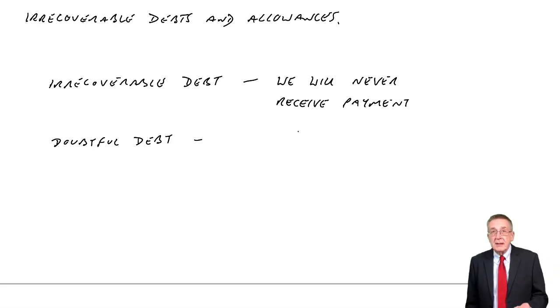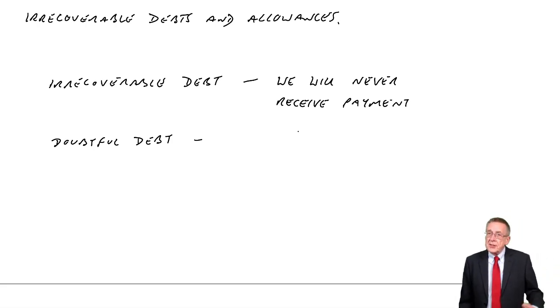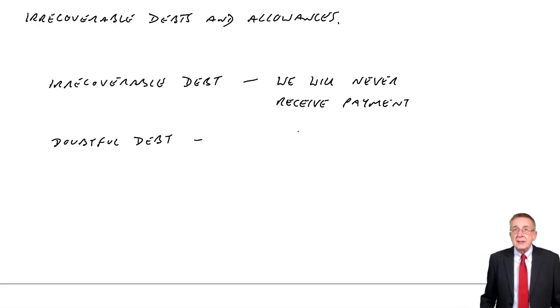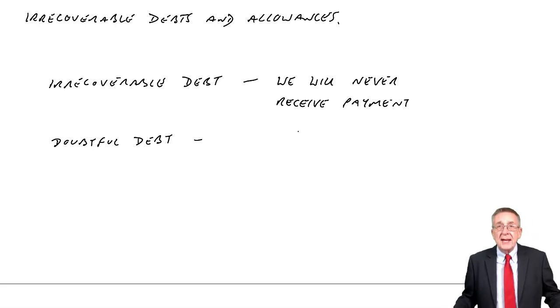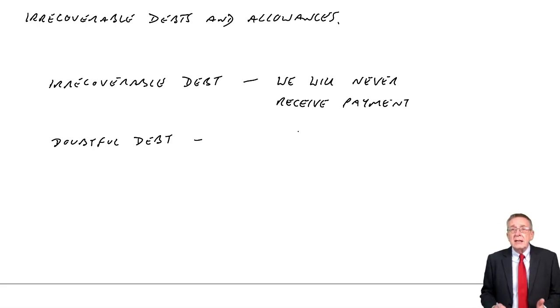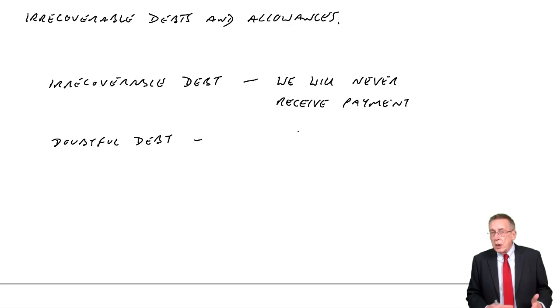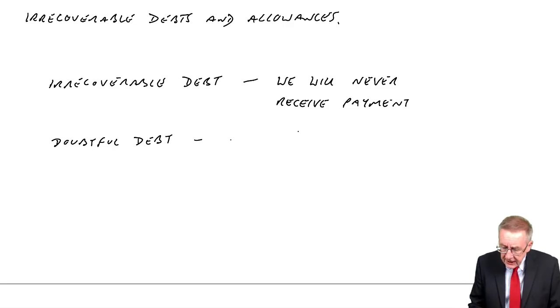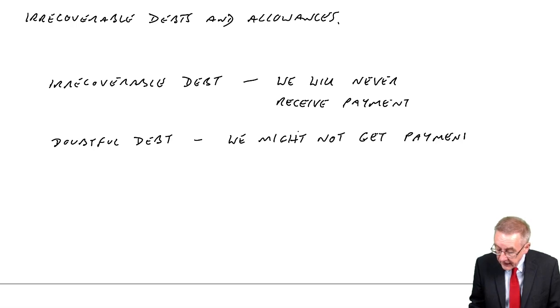I'm hoping I'll get the money. But obviously, if you've been owing me for 3 months and letters keep getting returned, then there's clearly a risk that I won't get the money. So a doubtful debt is where we might not get the money. Might not get payment, but we're still hoping or still trying.